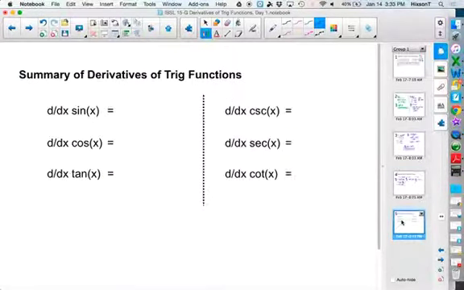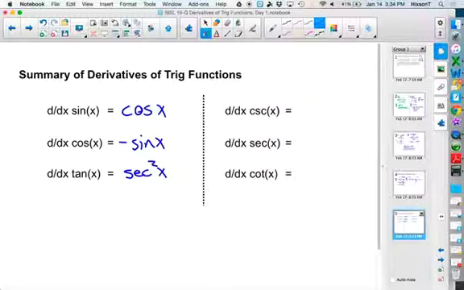Okay? So, just a summary, let's run through all of these again. The derivative of sine is cosine. The derivative of cosine is negative sine. Derivative of tangent is secant squared.